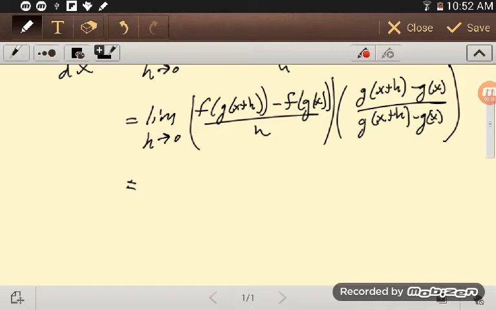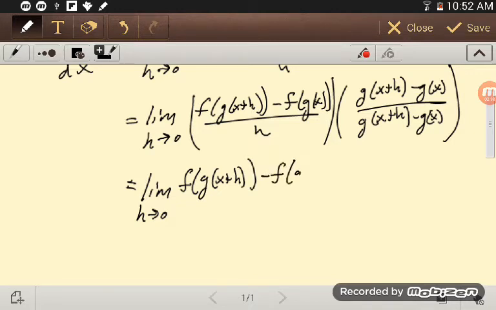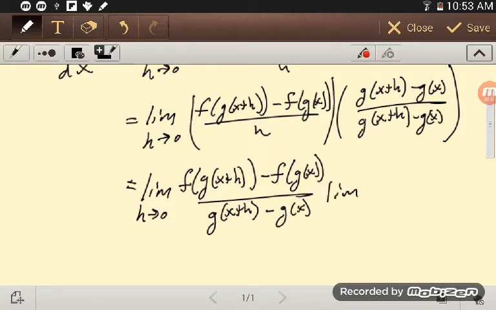I can break up this product and move my pieces around, and so I have the limit as h goes to 0 of f of g of x plus h minus f of g of x all over g of x plus h minus g of x, times the limit as h goes to 0 of g of x plus h minus g of x all over h.